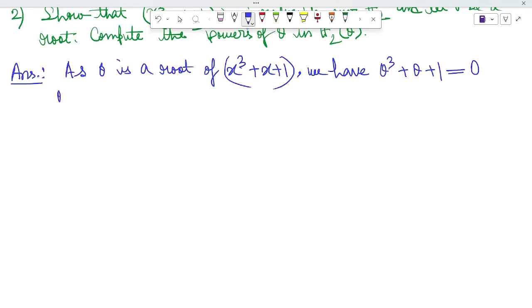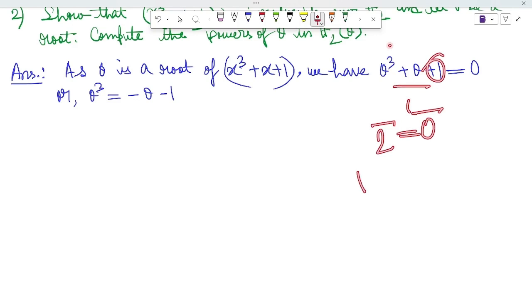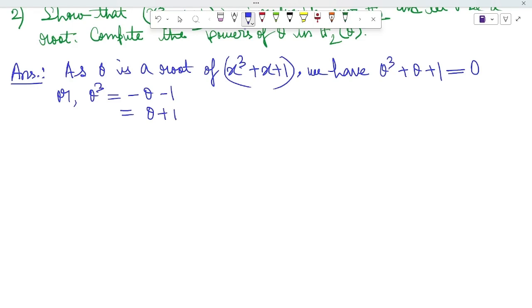Obviously, theta cube means minus theta minus 1. But see that 1 means 1 bar. Here 2 bar is 0 bar. So minus 1 bar means 1 bar. So minus 1 means plus 1, because we are in Z2. In Z2, minus 1 and 1 are the same thing. We are not in Q or R or C.